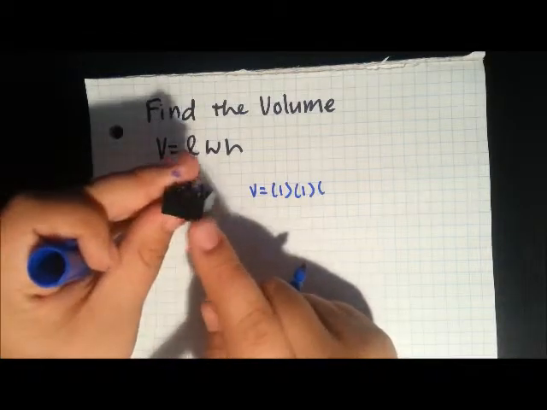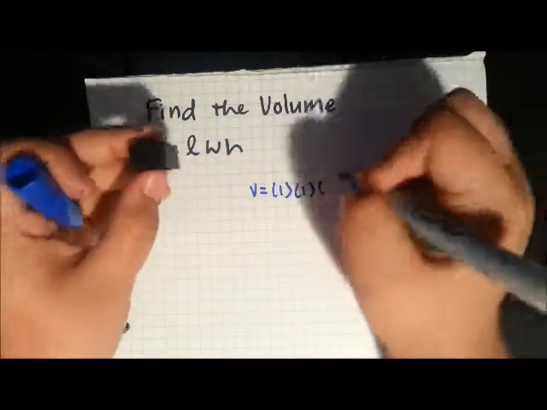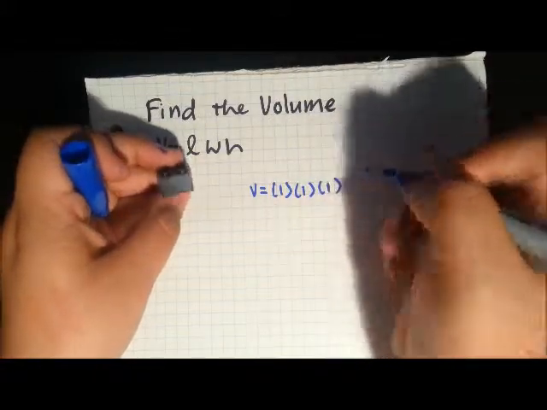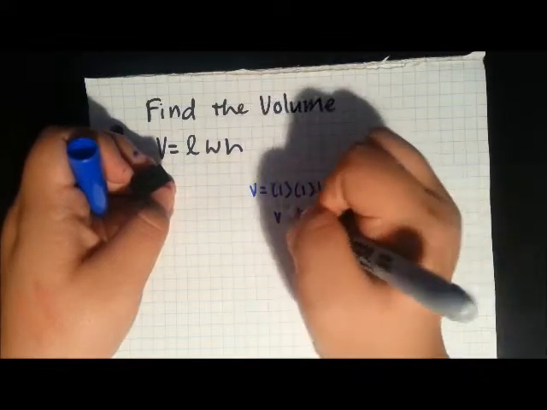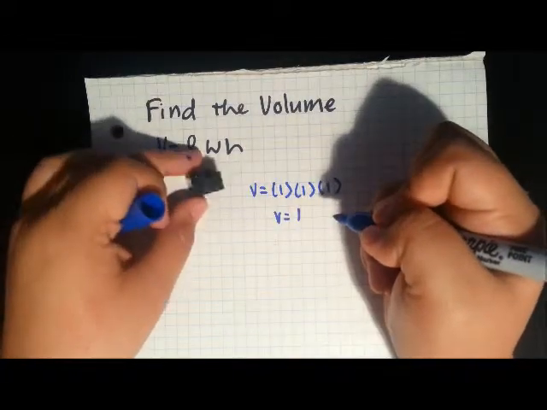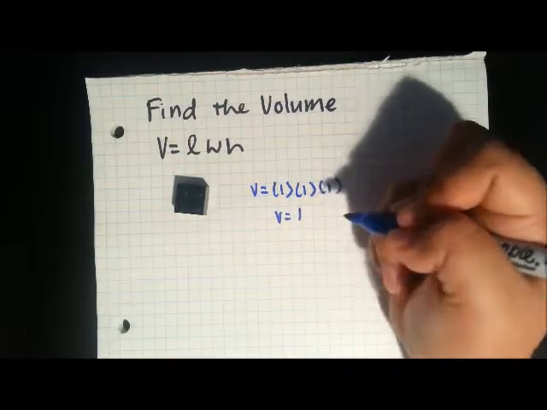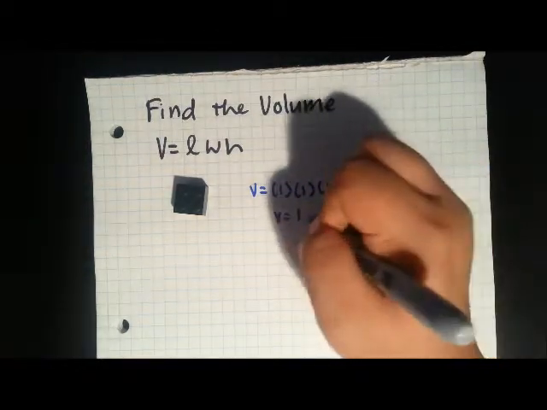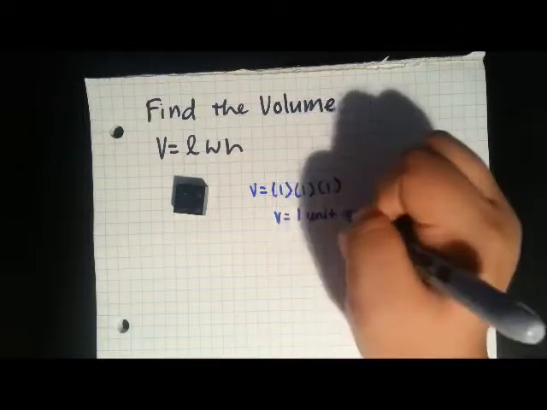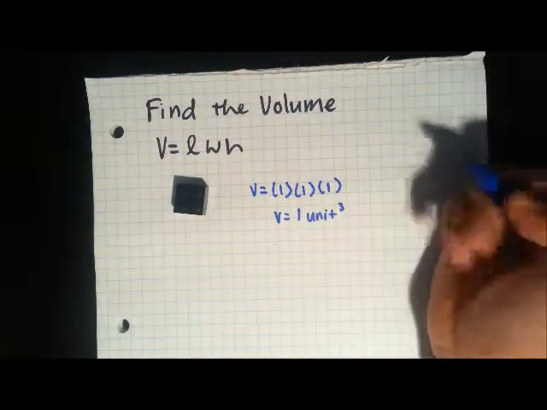This is the edge for our height. So our height is 1. 1 times 1 times 1 is 1. So volume is equal to 1, and the units are always cubed. So the volume is 1 unit cubed.